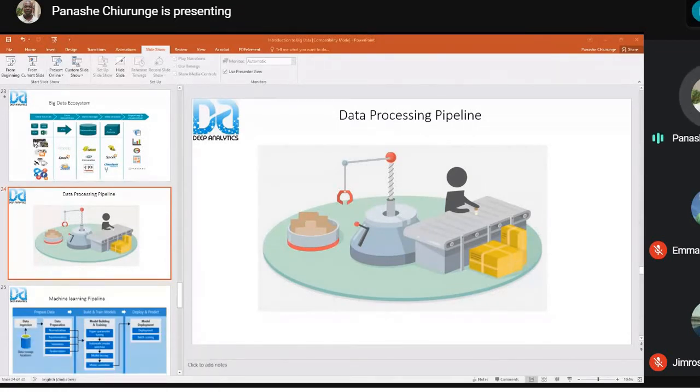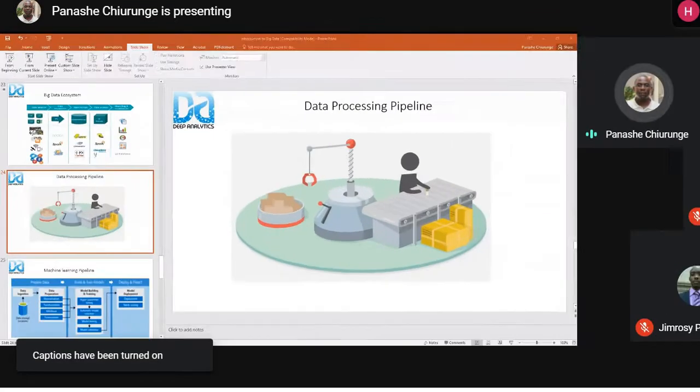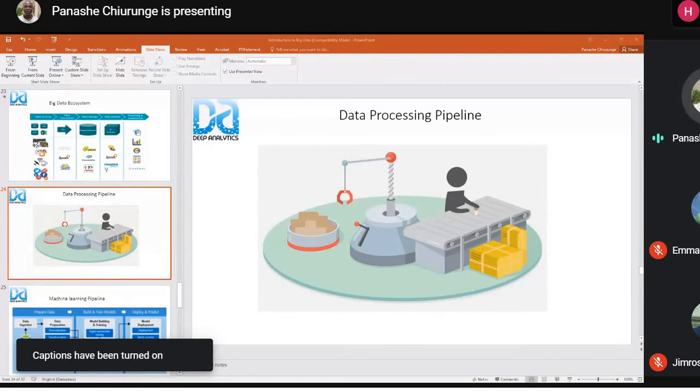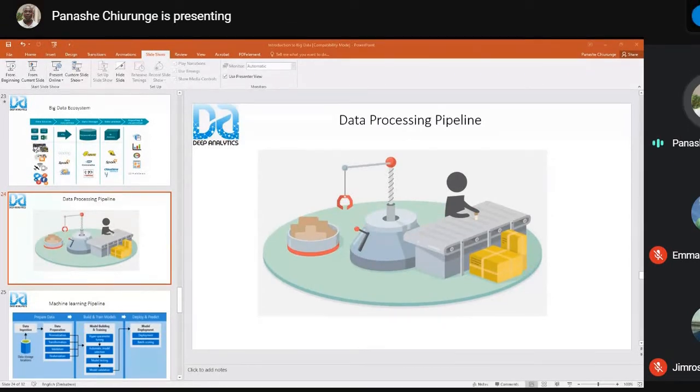So this is now the modern concept of thinking of big data analytics, that it's no longer just thinking of storing data in a particular storage place. There could be multiple storages that you can think about.